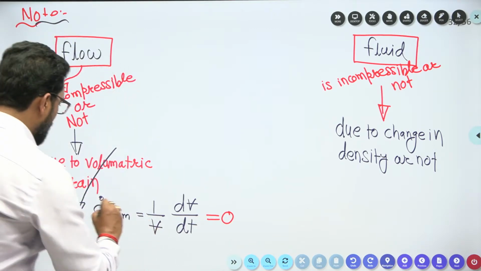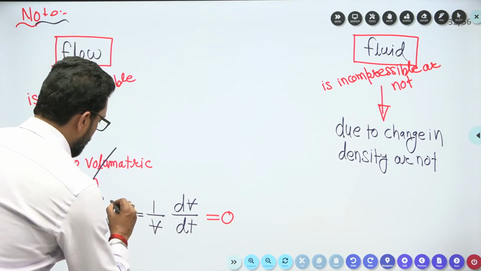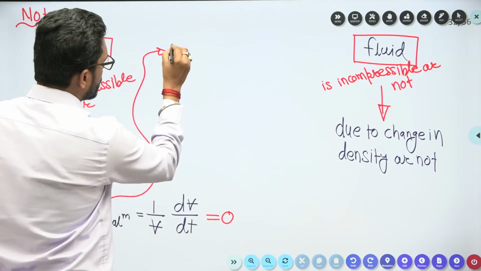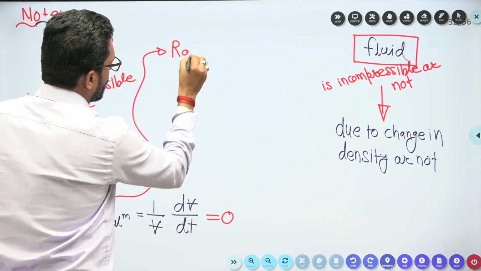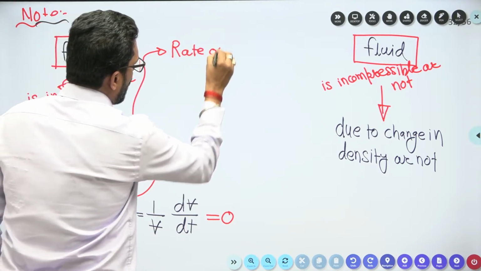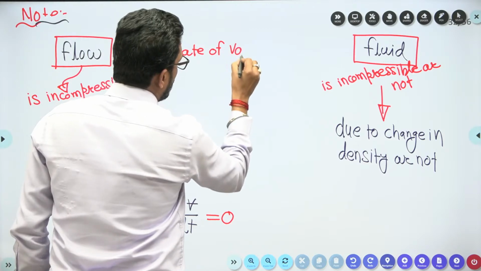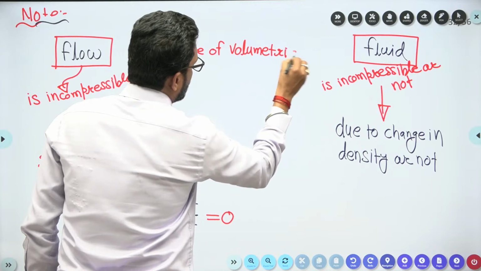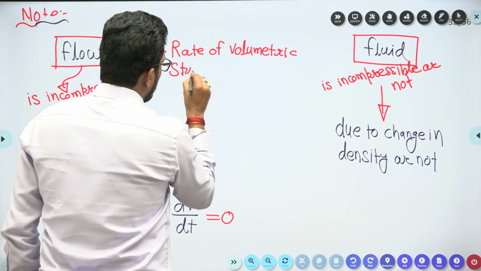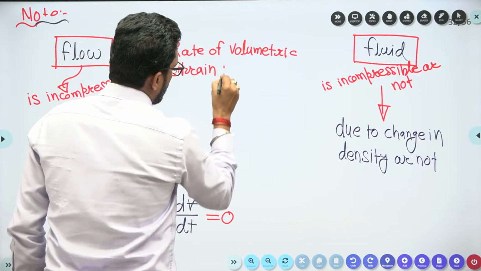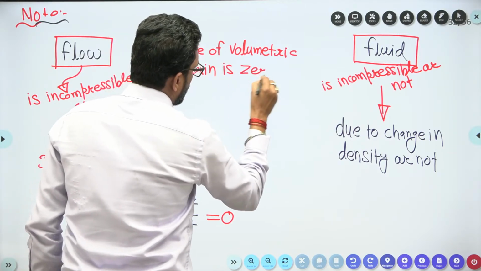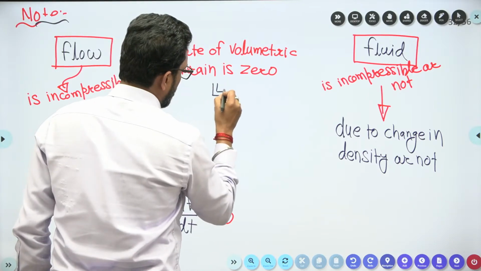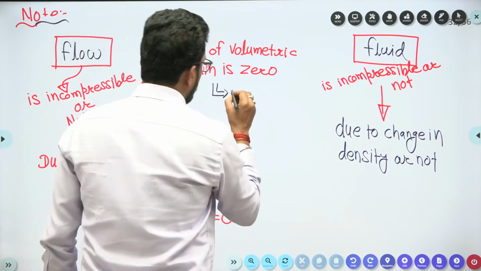That means if the rate of volumetric strain is 0, then we can say that flow is incompressible.